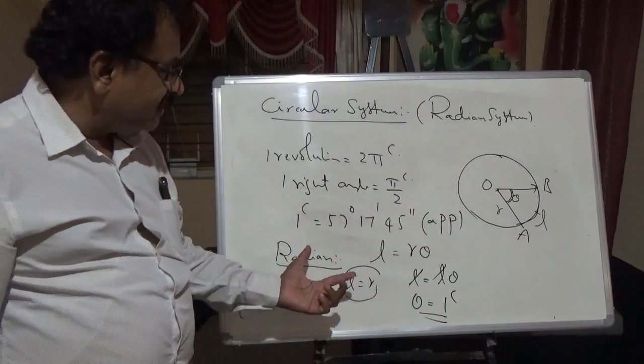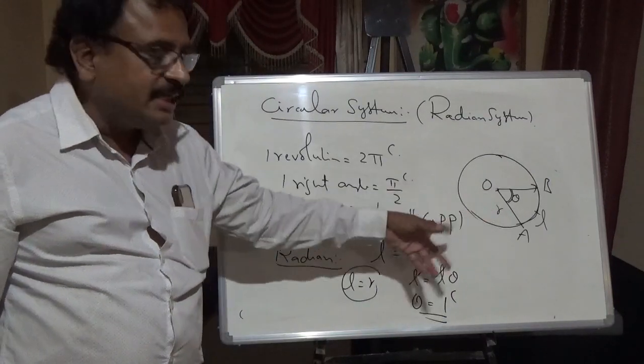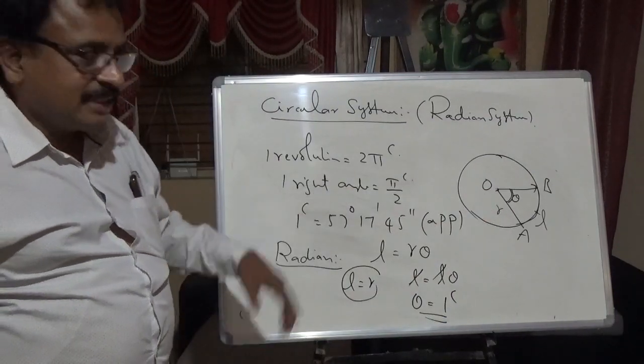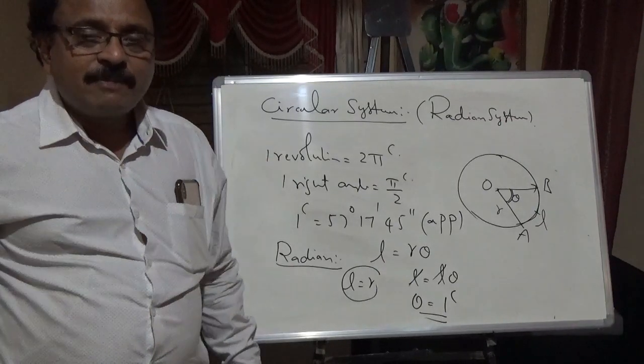This is the definition of radian. So total there are 3 systems.